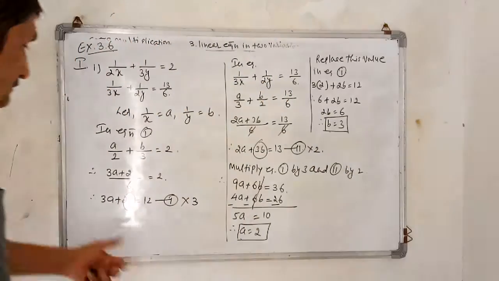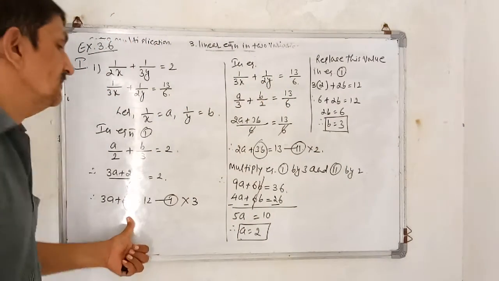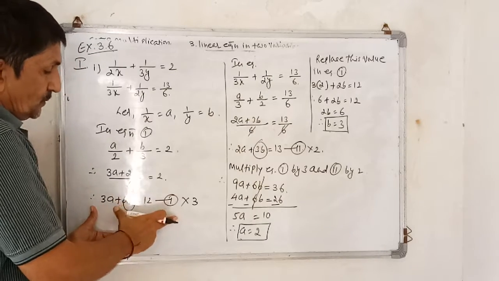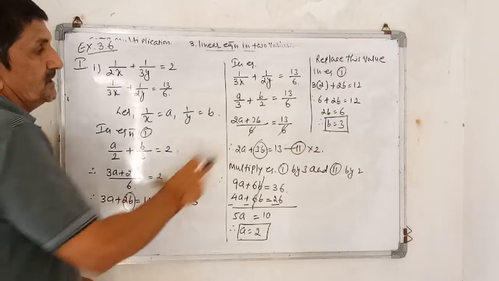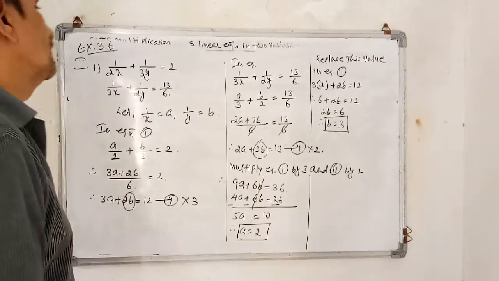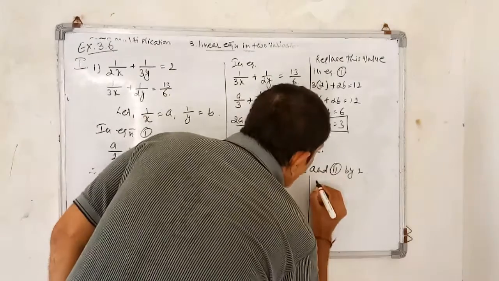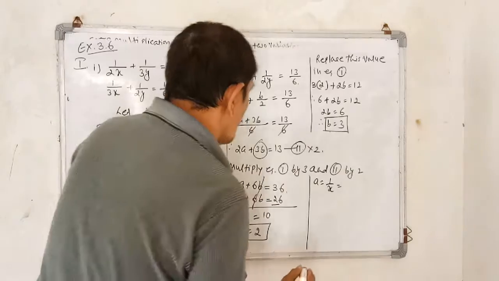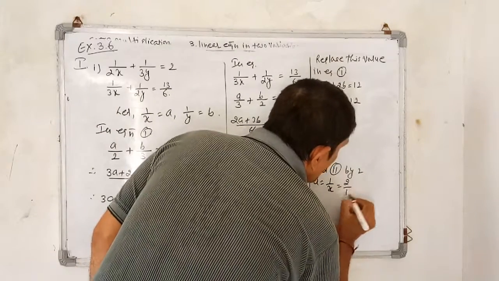Okay. In this equation, we are replacing the value of a. So 3 2s are 6. Switch over. So 2b is equal to 6. So b is equal to 3. But now actually we have x and y. So first a is equal to 1 upon x is equal to the value, it is 2 by 1.